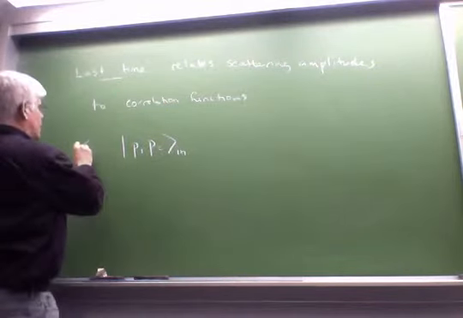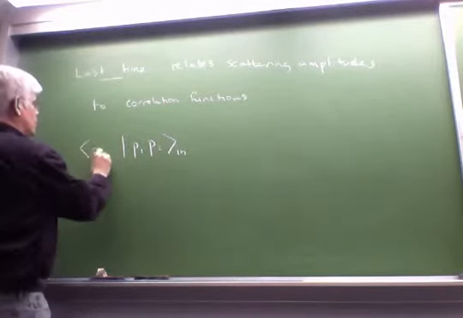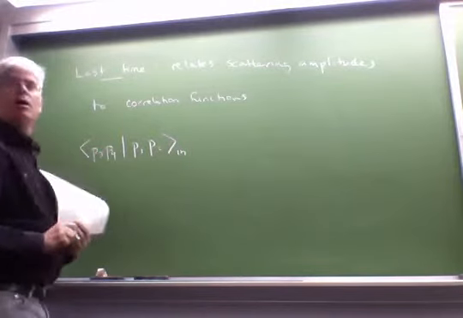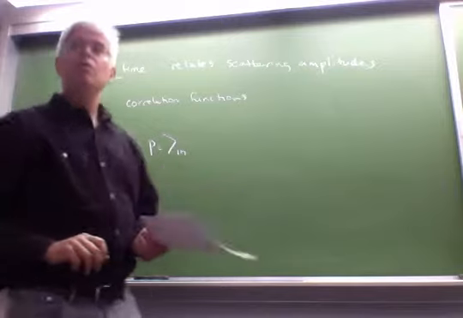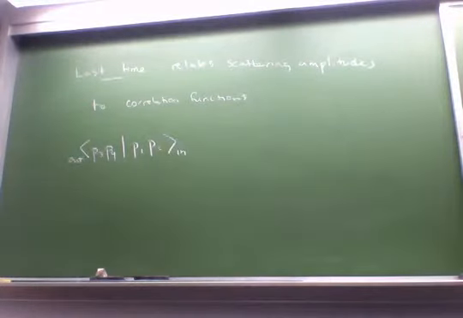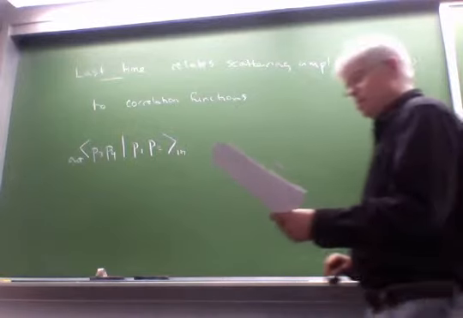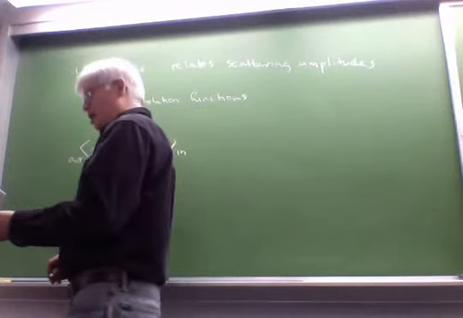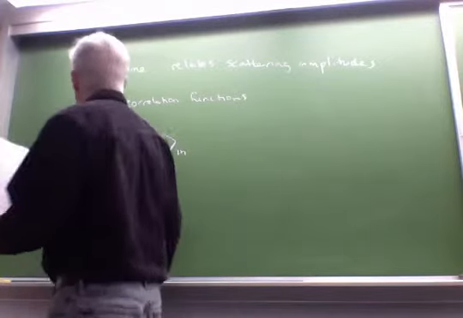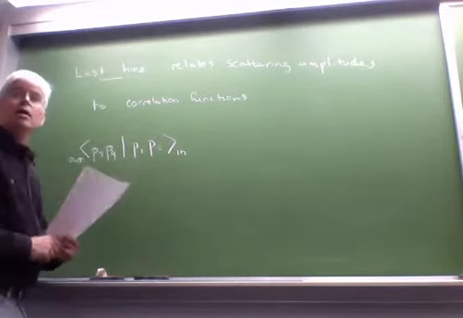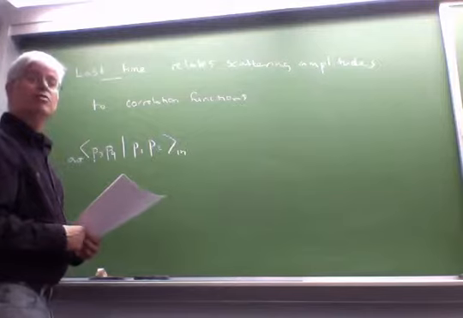And then we want to know the amplitude for that to convert into an outgoing state far in the future with momenta P3 and P4. Let me just first write down the answer, and then I want to discuss it some more.